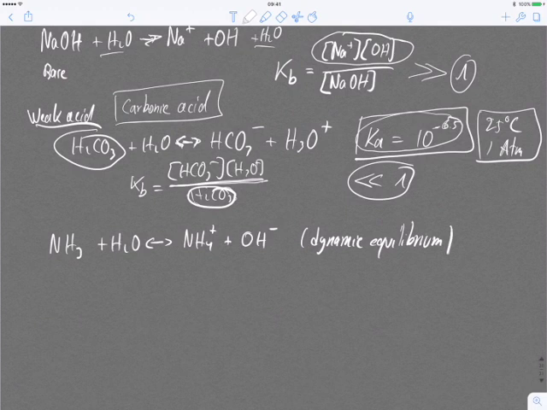It will, as a function of the condition, shift one side or another. And the Kb value here will be way smaller than 1 because the reactant will not be all transformed into a product.